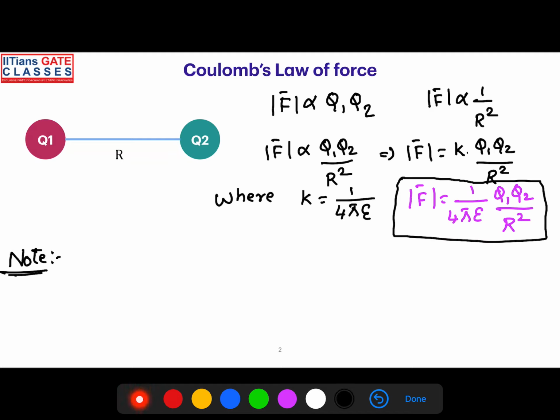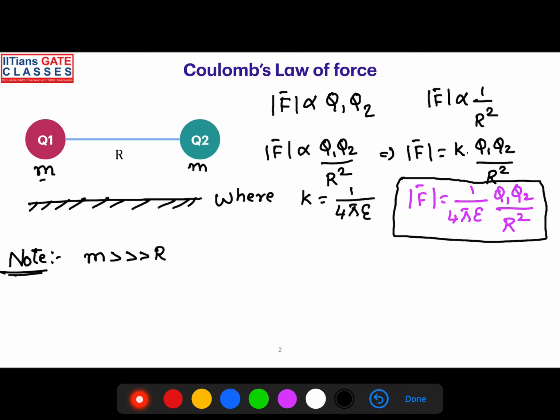Suppose both q1 and q2 have a mass of m, and the mass of the charged particle is much higher than the separation between the charges. What will happen in this case? Since the mass is very high, there will always be a ground plane right here.